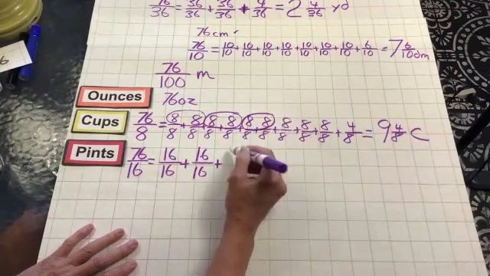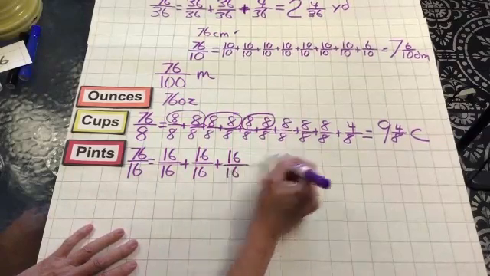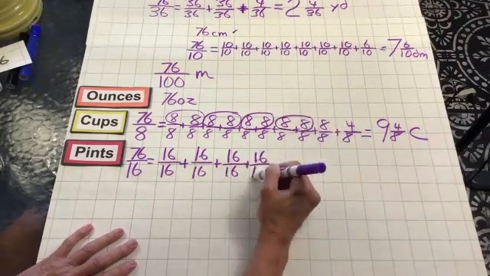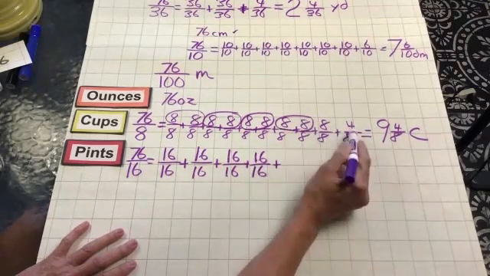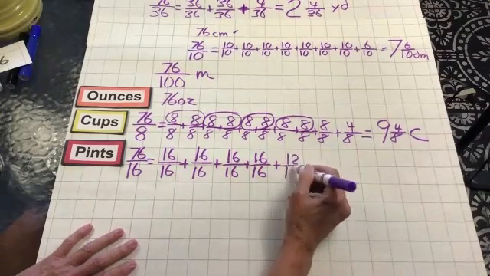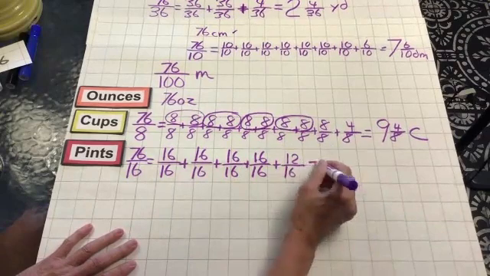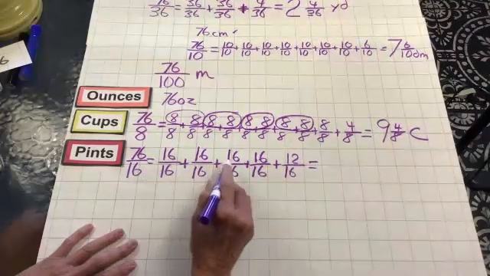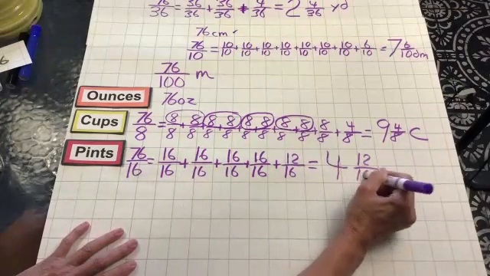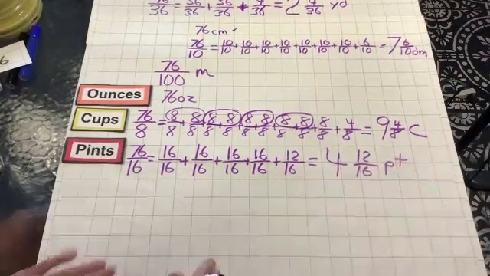There's 3 pints. There's 4 pints. This is not quite a pint. This is just 12. So we're going to put 12 over 16. 8 plus 4 is 12. So we have 1, 2, 3, 4 whole and 12/16 of a pint.